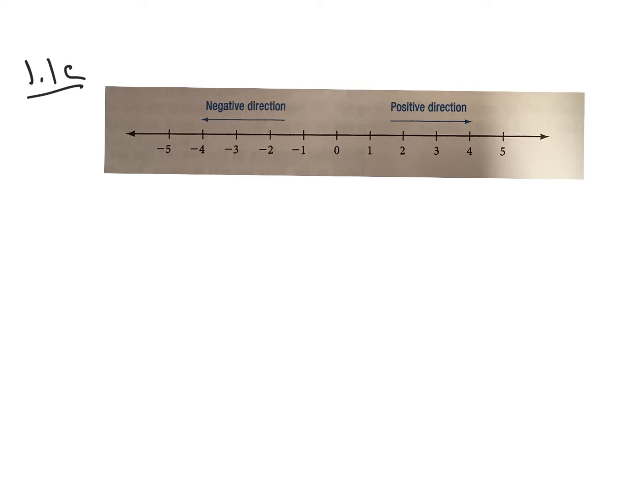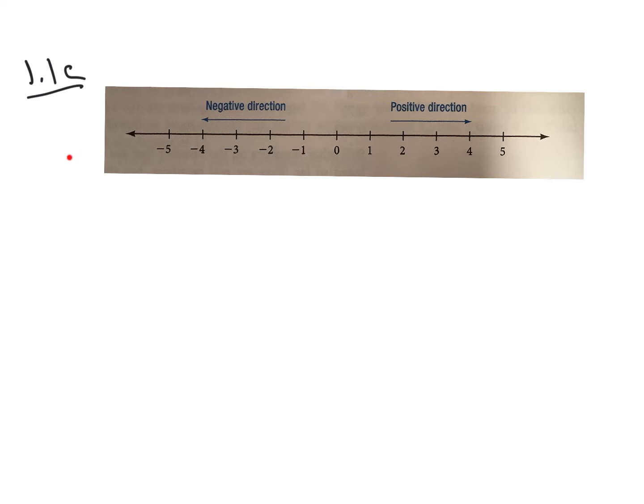Now, one of the things that gets to be confusing is most of us know that when numbers get bigger and bigger and bigger, they get further and further away from 0. What happens to the left of 0 is the numbers get further and further away from 0, but they get smaller and smaller and smaller.